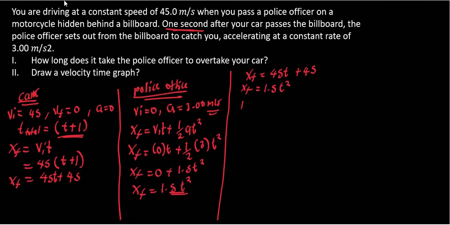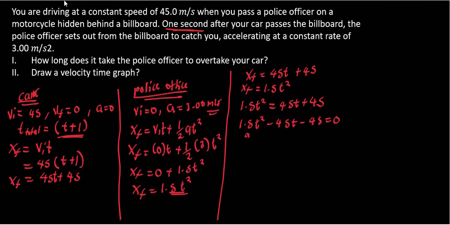So we equate to find the time at which the police officer managed to overtake your car. I've got 1.5 t squared and I've equated that with 45 t plus 45. So it will be 1.5 t squared minus 45 t minus 45 equal to 0.